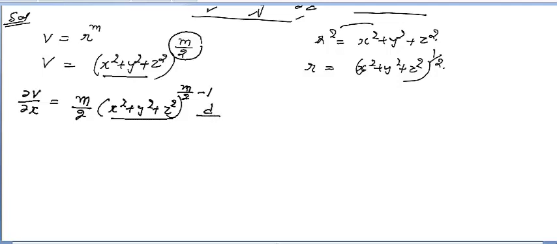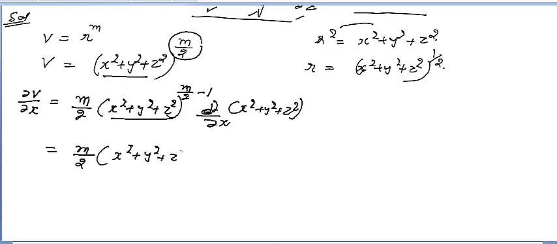So you will get m by 2 times x square plus y square plus z square, raised to power m minus 2 by 2, when you take the LCM.